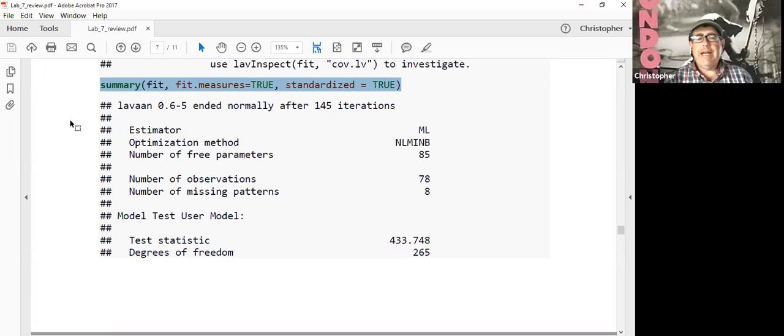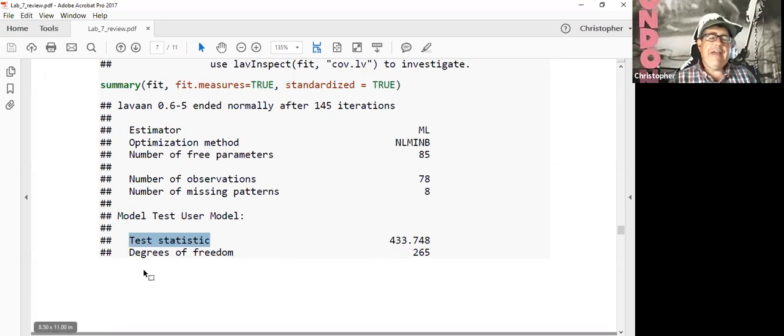The first statistic we get is this thing that's listed as the test statistic. That's more commonly represented as the chi-square statistic, so it's a chi-square of 433. Important here are the degrees of freedom. In general, these chi-square tests are always going to be significant, which would mean a significant deviation from the proposed model.